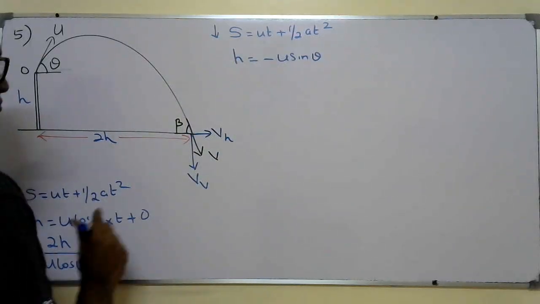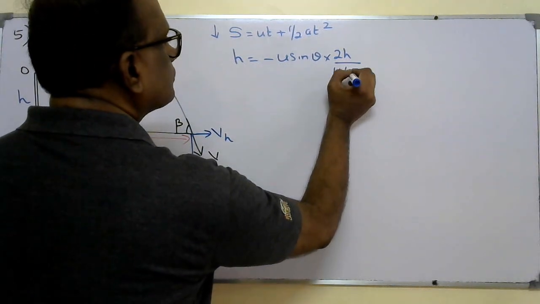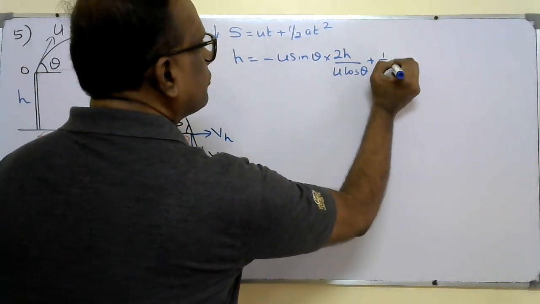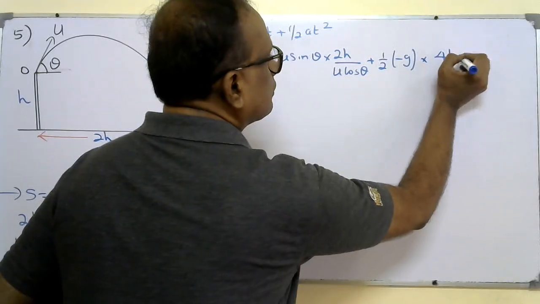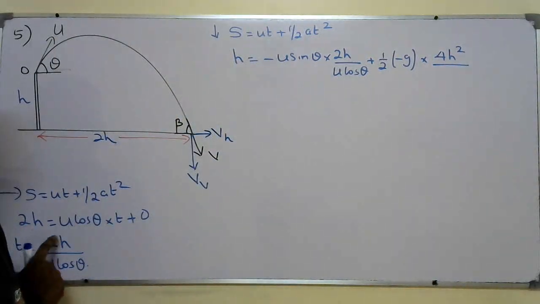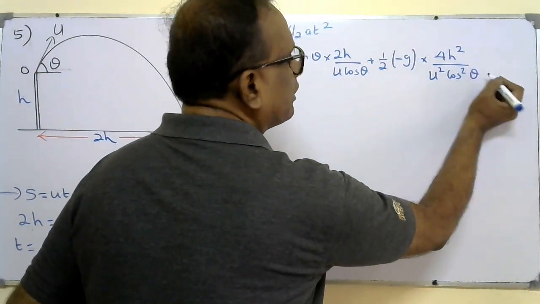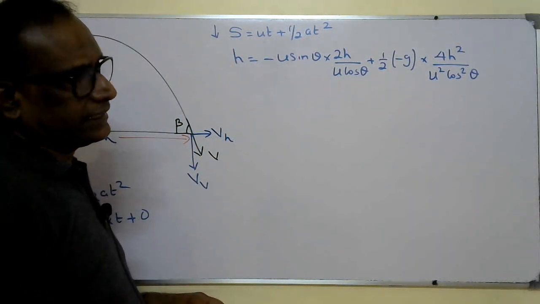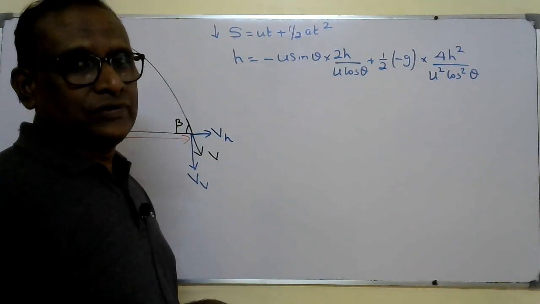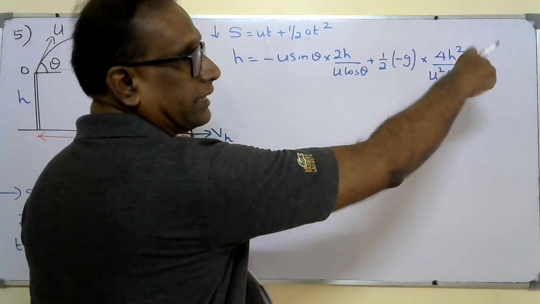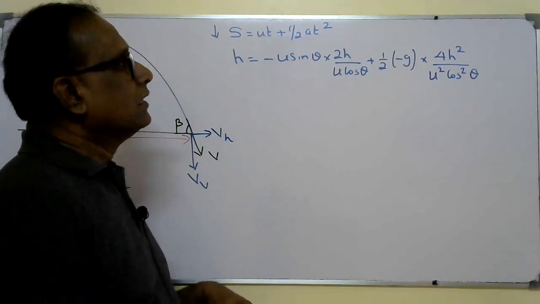Instead of t, substitute 2h over u cos theta, plus half g, same thing we are using, t squared, which is 4h squared over u squared cos squared theta. Don't convert to sec squared unwantedly. We see if necessary only. In case we want two solutions, two angles, we convert this to sec squared theta equals 1 plus tan squared theta. Otherwise don't jump and put it that way. We'll see if necessary we'll do it later. Okay, we'll solve this one.